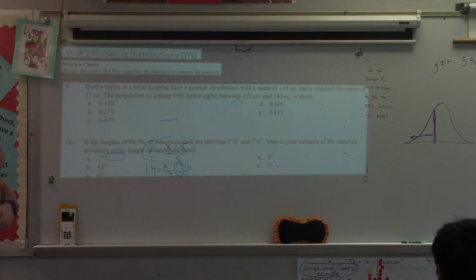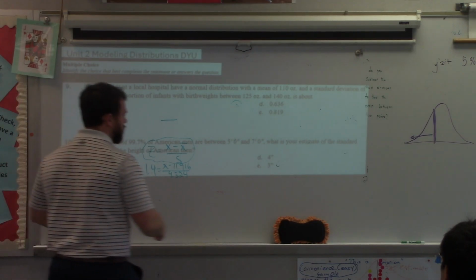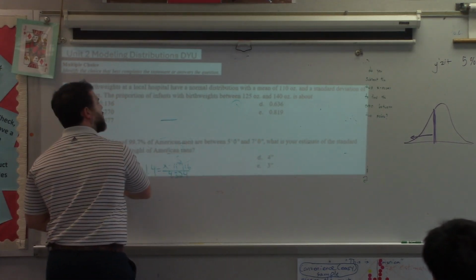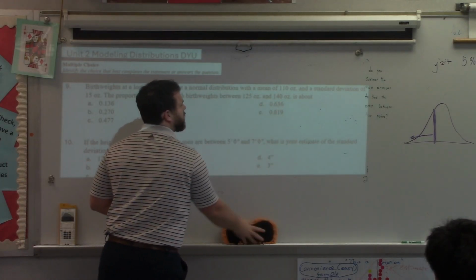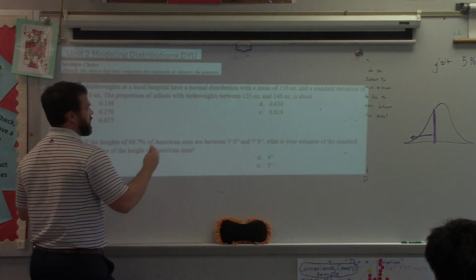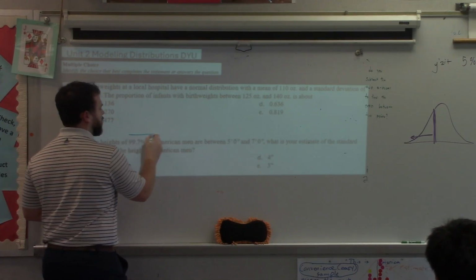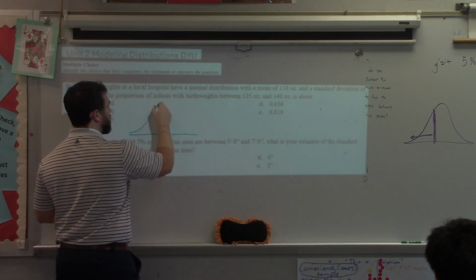For birth weights, there are two ways you could approach this one. You could do normal distribution with z-scores.